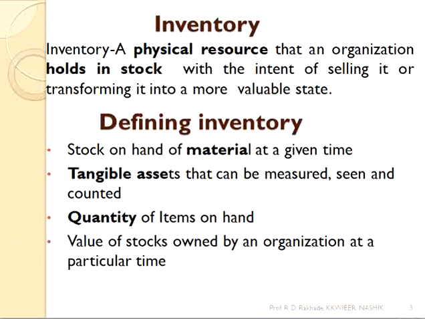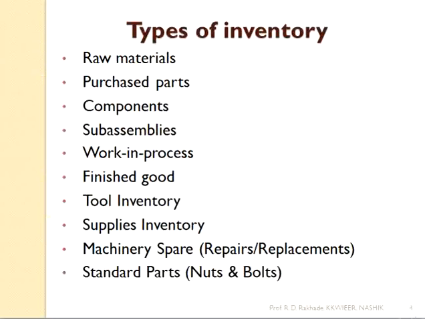Physical resources may be considered as raw material, purchased parts or any standard parts, and we will see the detailed list in types of inventories. The keywords for defining inventory are material at a given time, tangible assets, quantity of items on hand, and value of stock owned by the organization at a particular time.